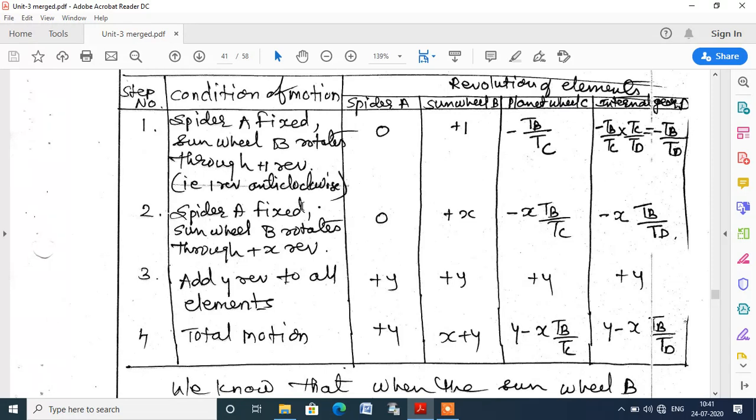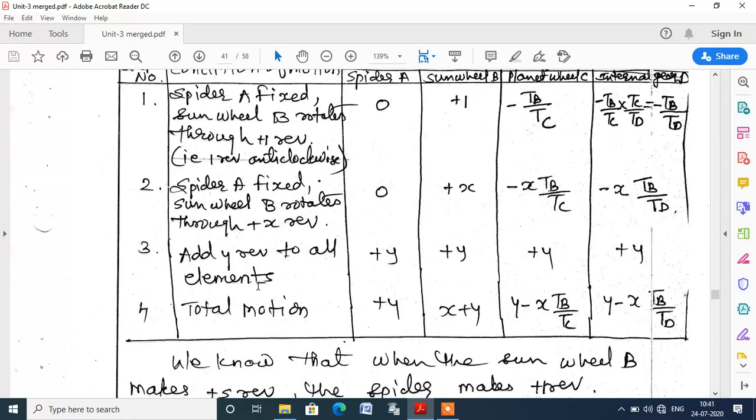Now second row, again spider A is fixed, and let us say sun will be rotated through plus x revolutions. So multiply x into 0, 0, x into 1, x into minus TB by TC, minus x TB by TC, then x into minus TB by TD, minus x TB by TD. Correct? Now in third row you have to add y revolutions.